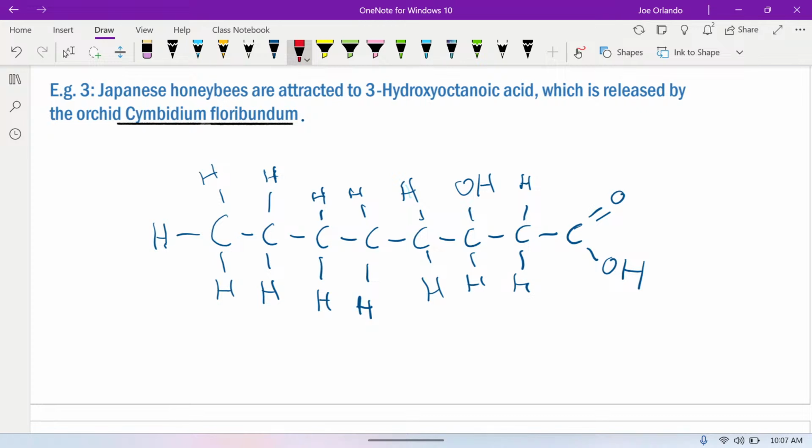And finally, what is this doing here? Isn't that another alcohol? So why isn't this called octan-3-ol-oic acid? I guess it could be, but the acid takes priority with the ending, so if you have an alcohol group anywhere else, it becomes a hydroxyl group.